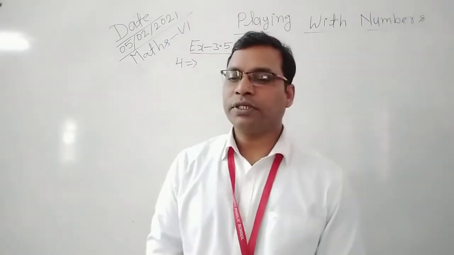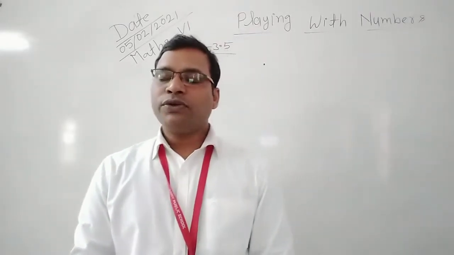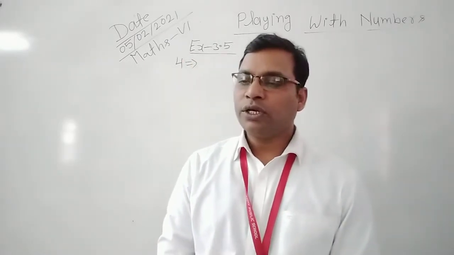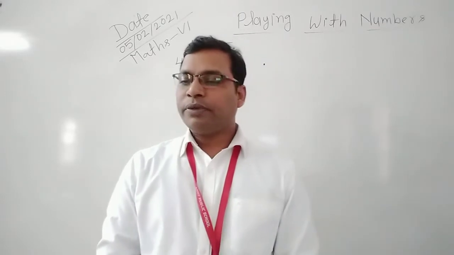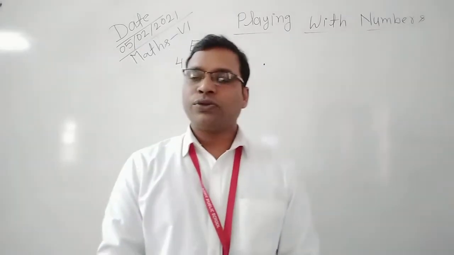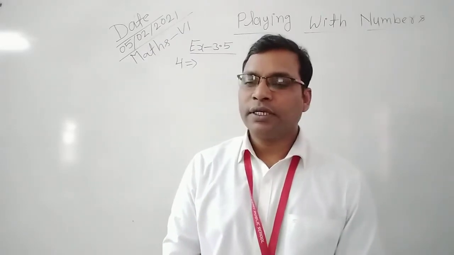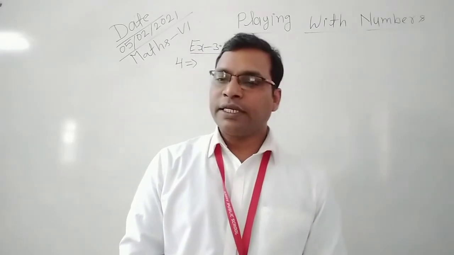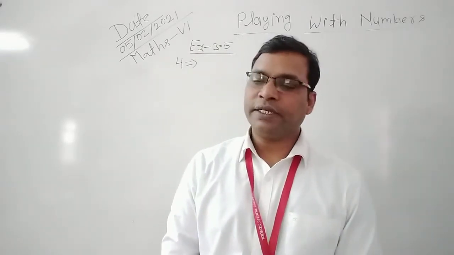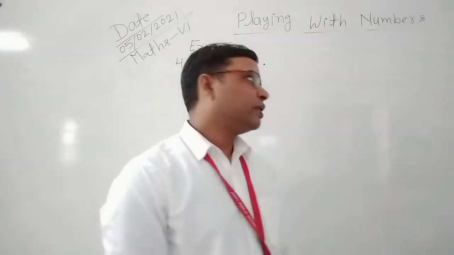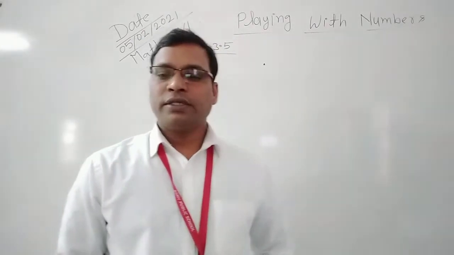So in this question, the distance covered by each of them is required to be the same, as well as the minimum distance. So for this we find the LCM of 80, 85 and 90. This is the minimum distance. Okay, so let's see how to solve this.